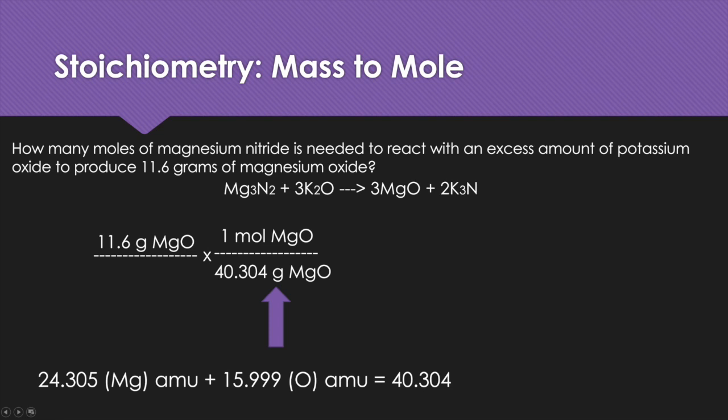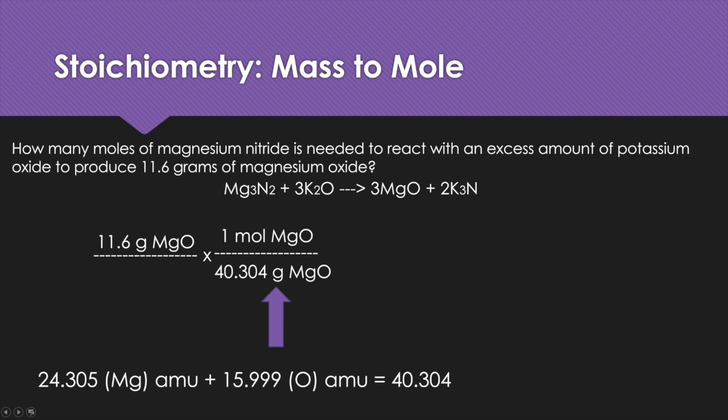So what you need to find is the atomic mass of Mg and O put together. Looking on the periodic table and finding the atomic mass of both, and once you add them together, you get 40.304 grams of MgO over 1 mole, because we know that 1 mole is the AMU.